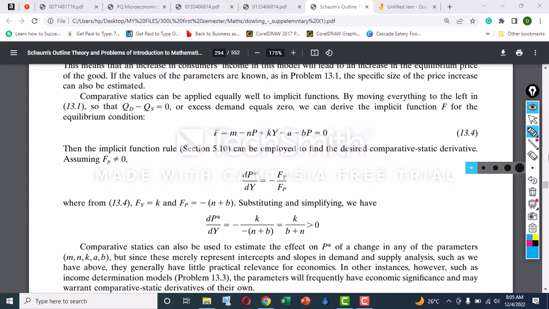So this m minus np plus ky minus a minus bp equals 0. That's what we are differentiating implicitly. Remove this f for now. This f is just representing this one here. So we have m minus np plus ky minus a minus bp equals 0. Now you differentiate each one of them with respect to y.